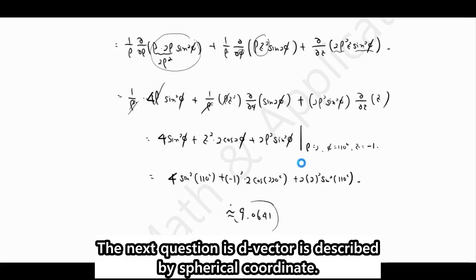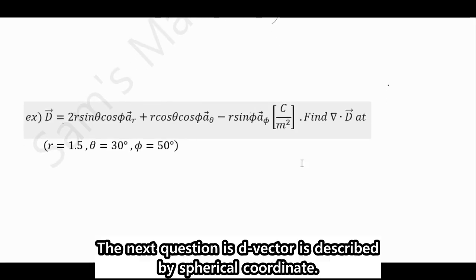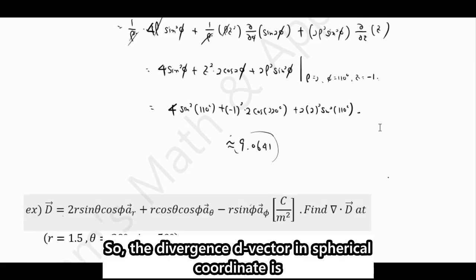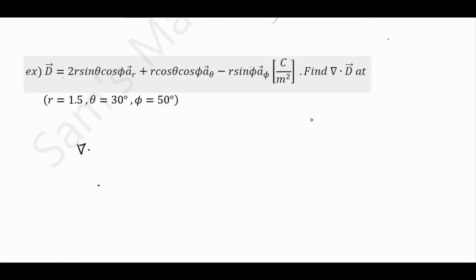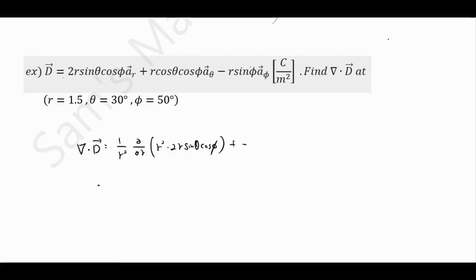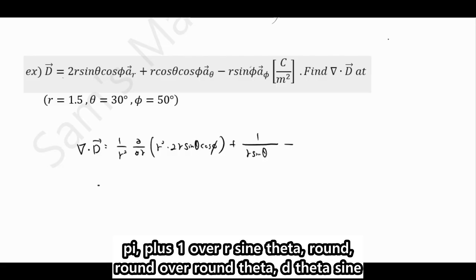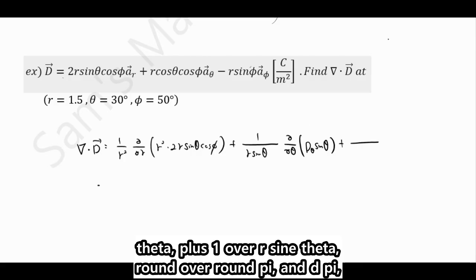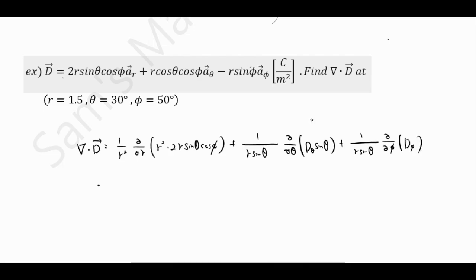The next question is where D vector is described in spherical coordinates. So the divergence of D vector in spherical coordinates is 1 over r square, partial over partial r, of r square multiplied by Dr, plus 1 over r sine theta, partial over partial theta, of D theta sine theta, plus 1 over r sine theta, partial over partial phi, of D phi.